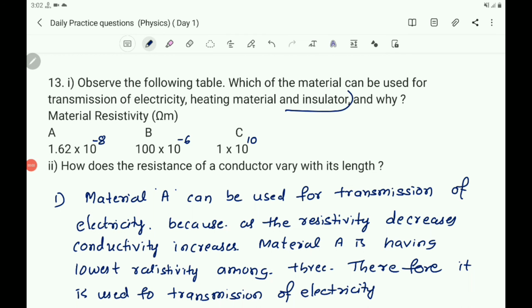Next, for insulator. Material C has the maximum resistivity. The insulators are the substances which have large resistivity, that is more than 10 power 4 ohm meter. This material C has more than 10 power 4 ohm meter, here it is about 1 into 10 power 10 ohm meter. So you can consider material C is used for insulator.